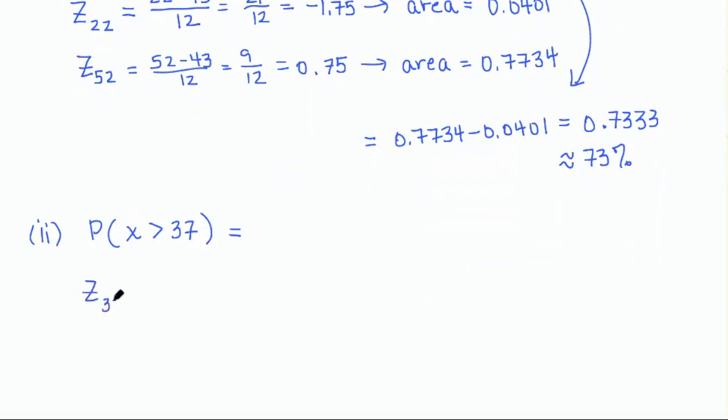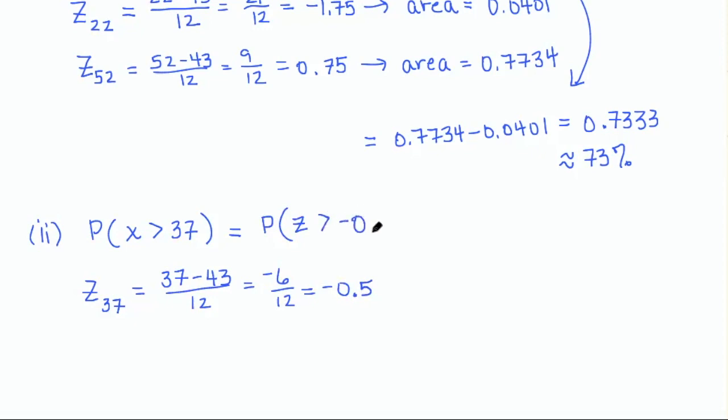So my z-score of 37 turns out to be -0.5. So I want to know the probability that my z-score ends up being bigger than -0.5. Now, here's where you have to be careful.